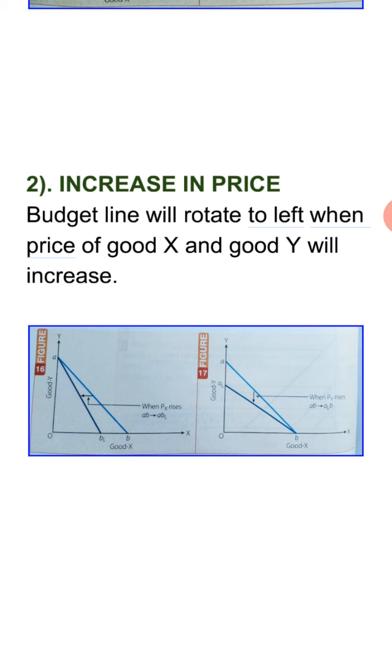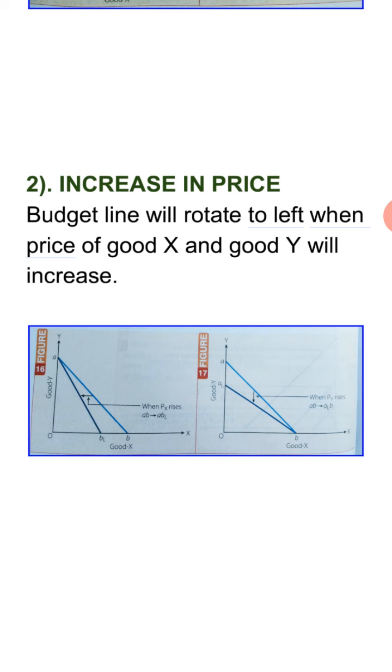As soon as the price of x will increase, we can have only less quantity of good x in comparison to previous situation. And the same thing will happen with y as well. अगर y के प्राइस इंक्रीज हो जाएंगे तो पहले के कंपैरिजन में y का कंजम्पशन डिक्रीज हो जाएगा. And as the result there will be the leftward rotation on the budget line.